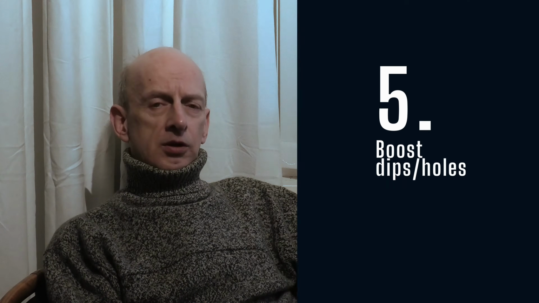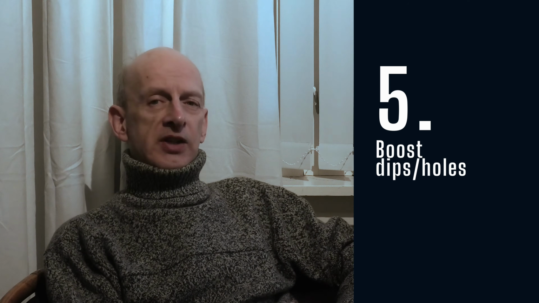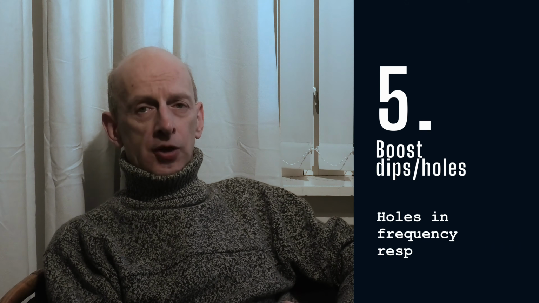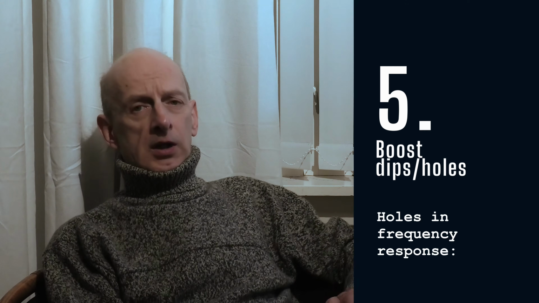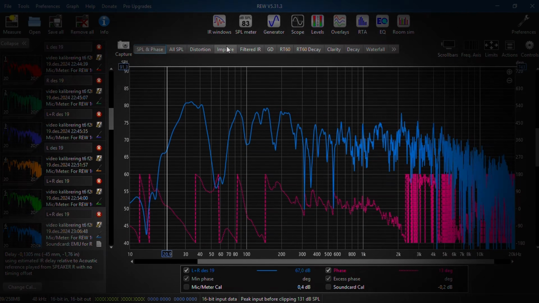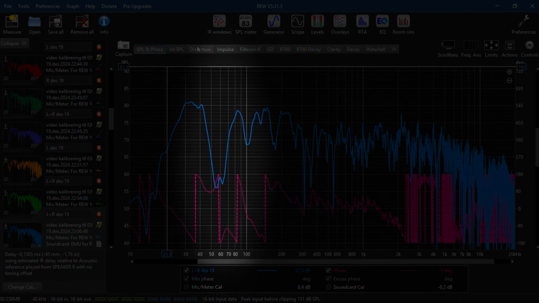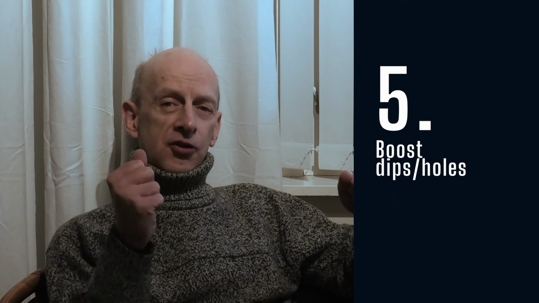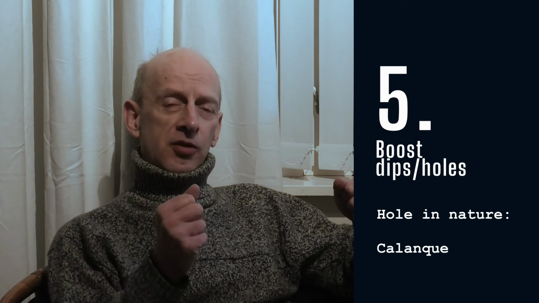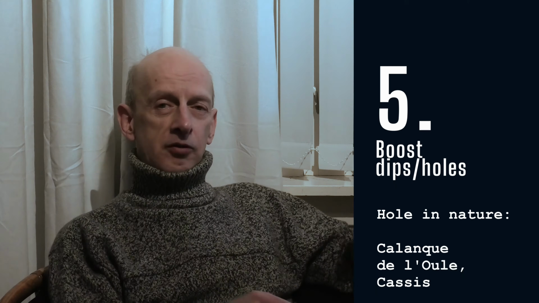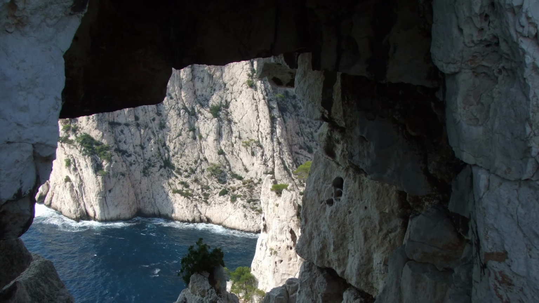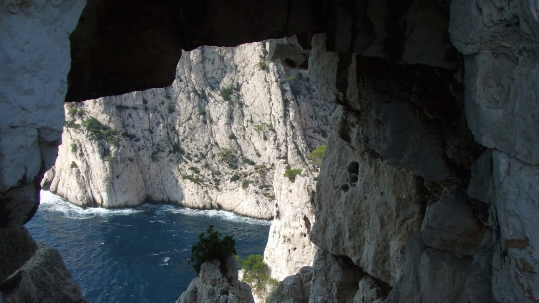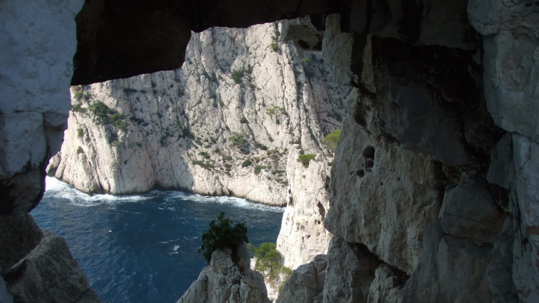Number 5 is trying to boost the dips. As we saw in the subwoofer calibration videos, we had a very deep hole, and we could also hear this hole when we compared the music samples from this system. We compared them, and if we listened on the reference system, the large system with 4 subwoofers, where we can fill in this hole, then there was a clear and very audible difference.